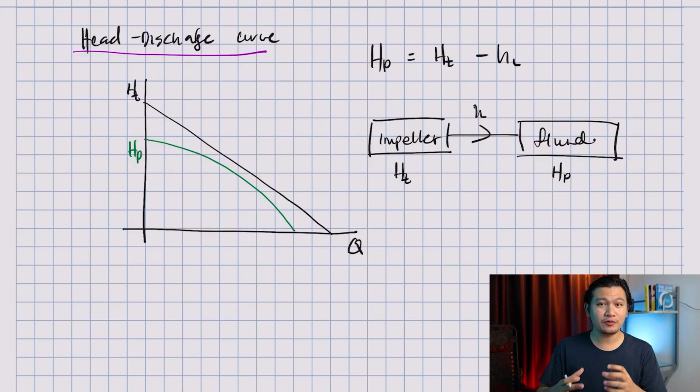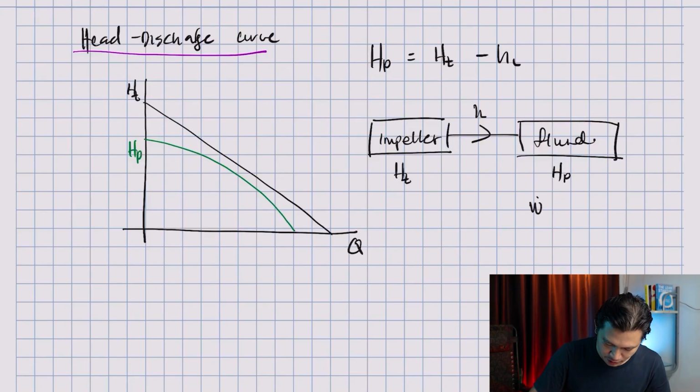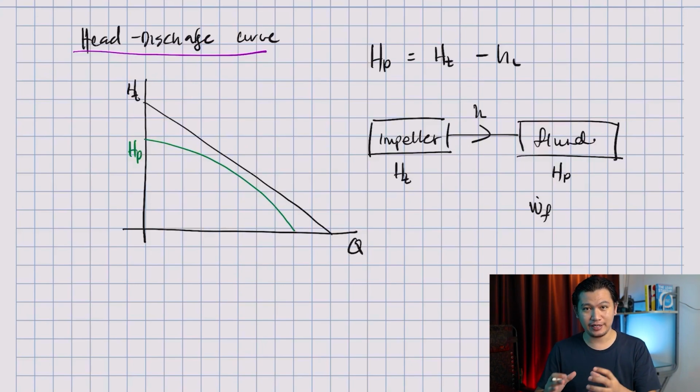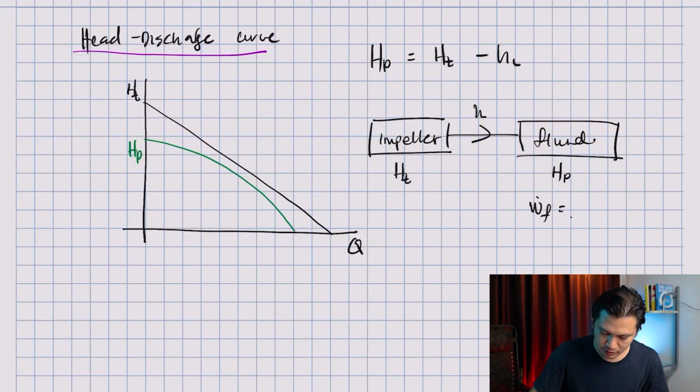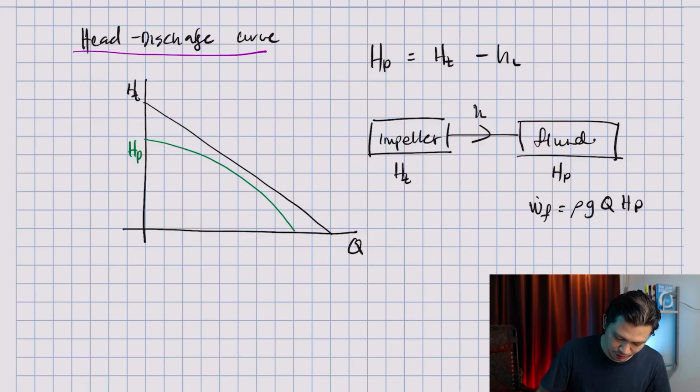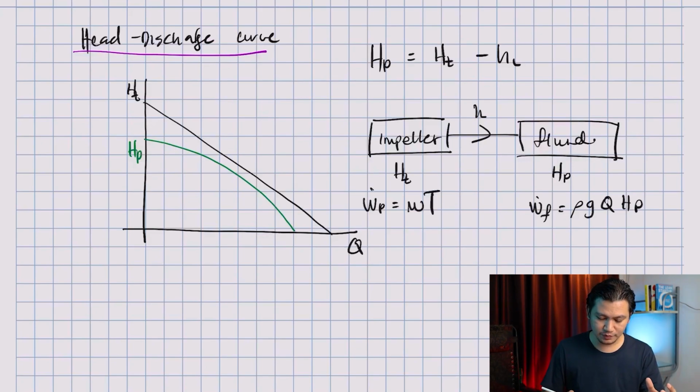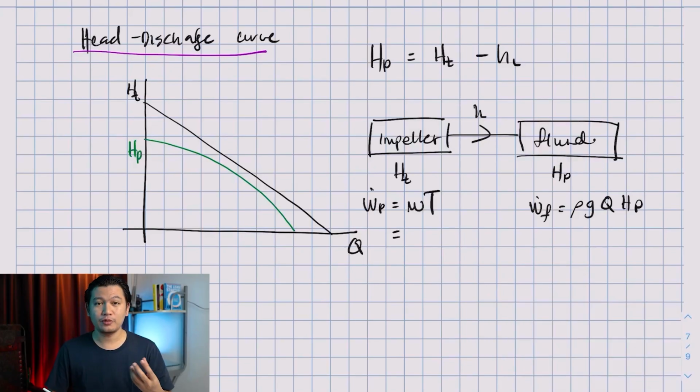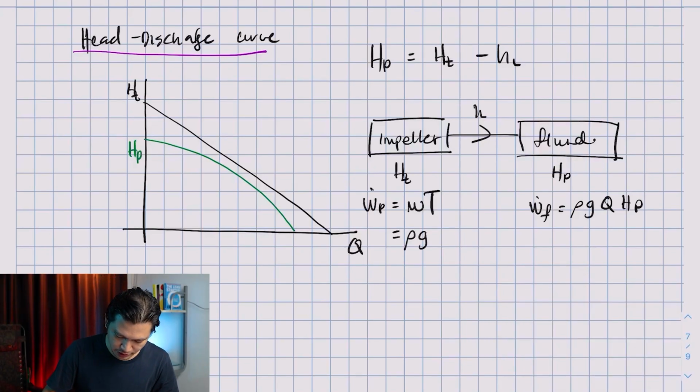And to use HP in order to get the power that has been delivered to the fluid, we call it W dot F, which is the power at the fluid, equal to rho g Q HP. And if you remember in our previous tutorial, the power at the impeller is W dot P, which is equal to omega T, the rotational speed times the torque, or we can also get it from rho g Q HT.